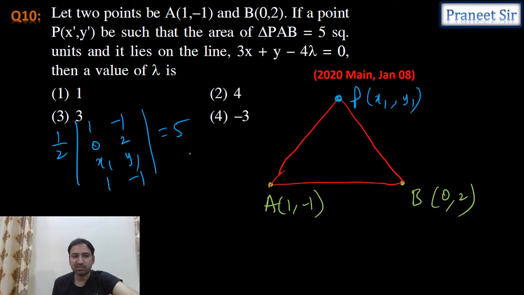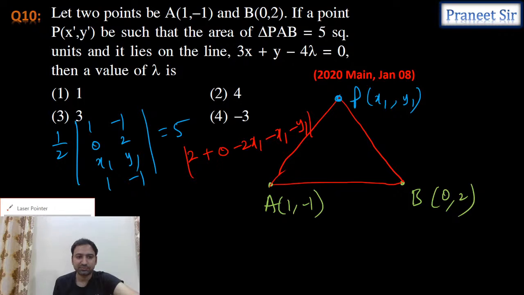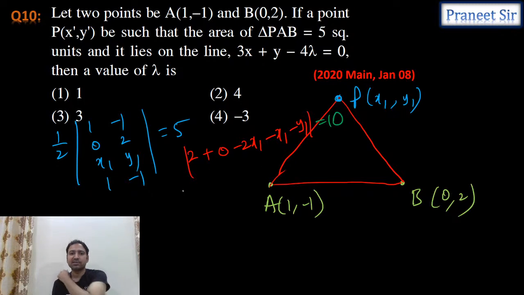If you simplify this, how much do we get? 2 plus 0 minus 2x1 minus x1 minus y1, modulus of this, we should equate to how much? 5 or 10. We should equate it to 10, guys. So from this, 2 minus 3x1 minus y1 should be equal to plus or minus 10.